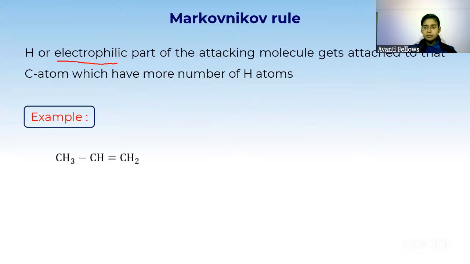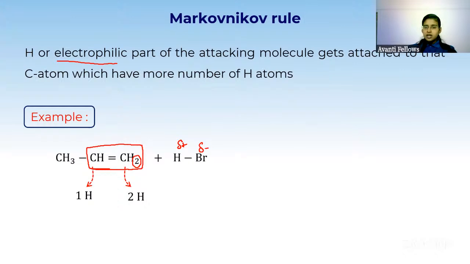I have taken the propene. So here, this is the double bonded system, double bonded carbons. In the middle carbon, only one hydrogen is attached. And to the terminal carbon, we have two hydrogens attached. And the attacking molecule is HBr. The hydrogen is the partially positively charged species and bromine is the partially negatively charged species.